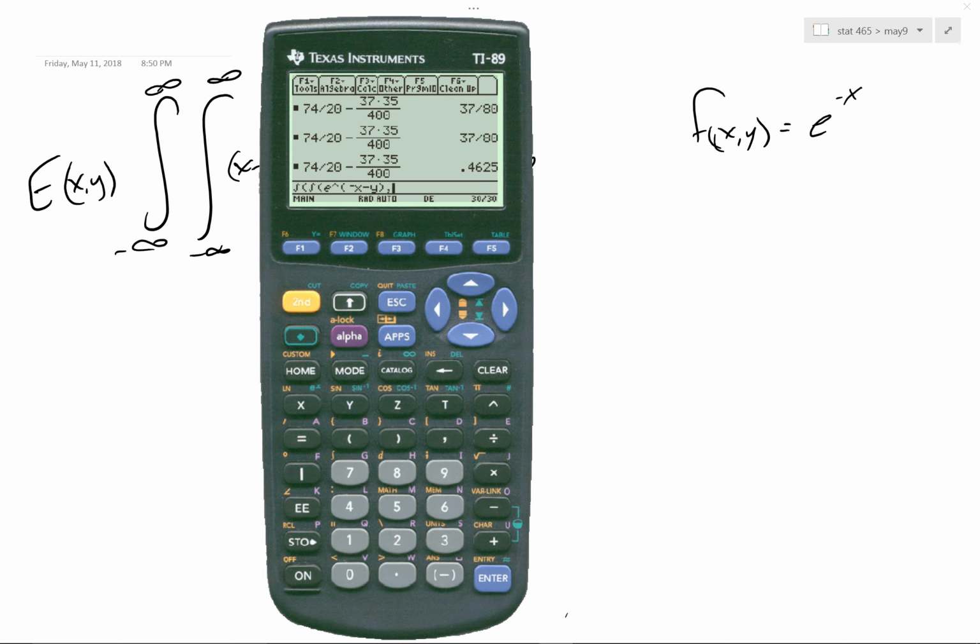y comma x comma, I'm going to go 0 to infinity because that's good enough, and then x, and y comma 0 comma, and voila.